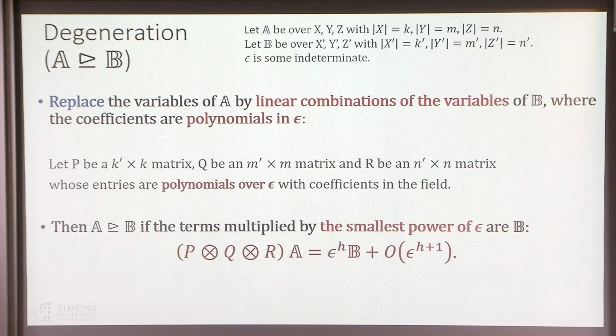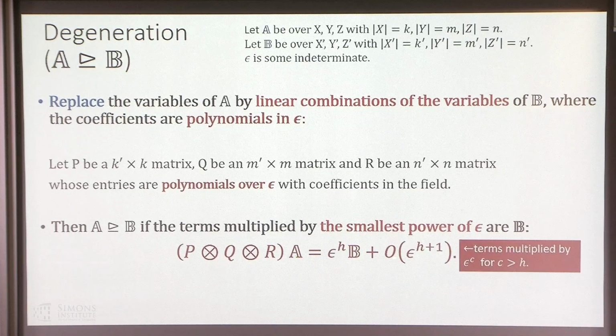Applying these transformations to the tensor A will give you some expressions whose coefficients are polynomials in epsilon. If you take the terms that have the smallest powers of epsilon as coefficients, and they give you exactly B, then B is a degeneration of A.